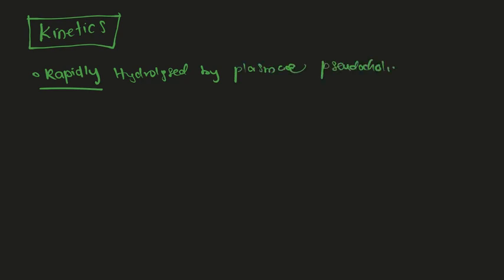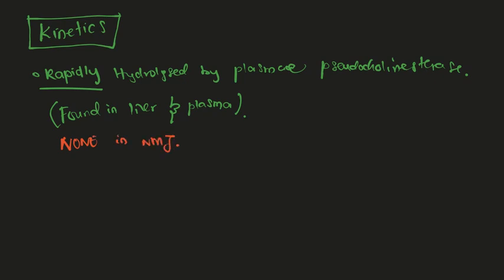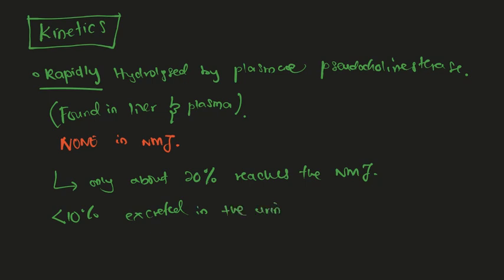Moving on to the kinetics, they are rapidly hydrolyzed by plasma cholinesterase or pseudocholinesterase, which can be found in plasma and liver. They are not found in the neuromuscular junction. Only about 20% of the administered suxamethonium reaches the neuromuscular junction, and due to its rapid hydrolysis, only less than 10% is excreted in the urine.